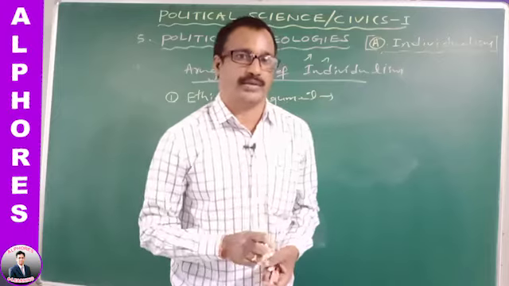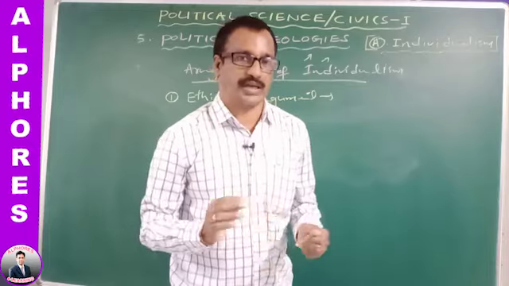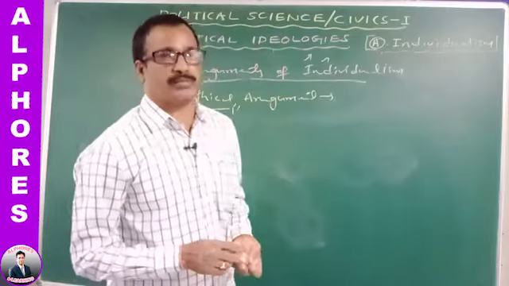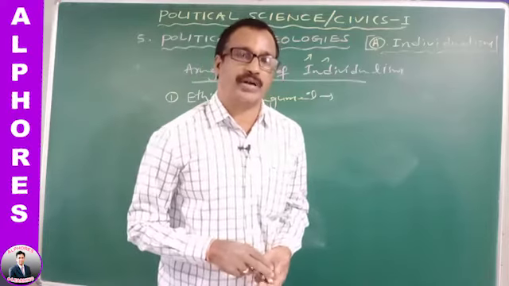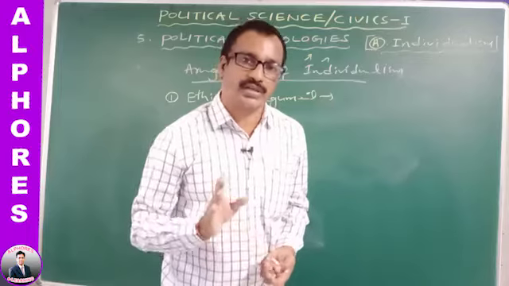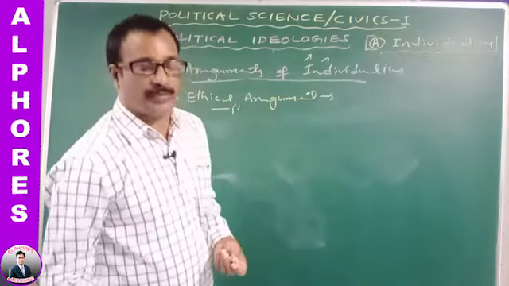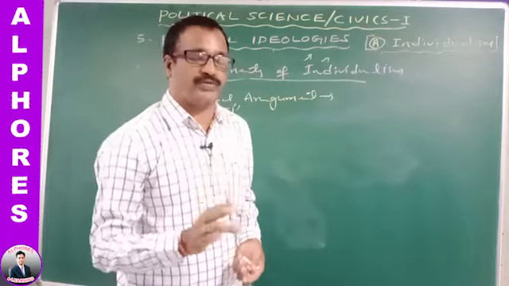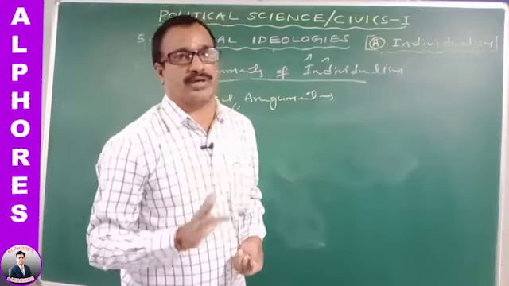So the individual can develop his personality through freedom and must have maximum liberty. According to J.S. Mill, state interference goes against the development of the personality. Means if the state interferes in the life of the individuals, they cannot develop their personality.